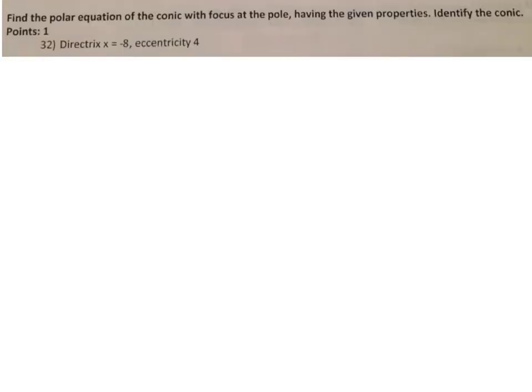32. Find the polar equation of the conic with focus at the pole, having the given properties, and identify the conic. Well, we have, hopefully in our graphic organizer on this section, some helpful information. For one thing, if the directrix is at x equals negative 8, since it's at x equals a negative number, then we know that we're looking at this standard form.